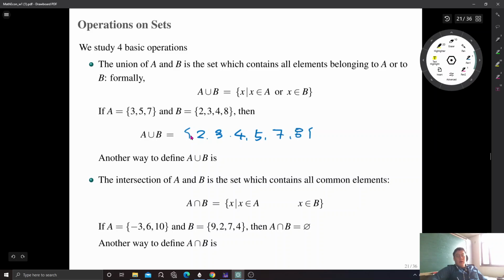The collection of every element in set A or set B. The elements 3, 5, 7 are right here, and the elements of B, 2, 3, 4, 8, are right here. So the union collects all elements in both sets. That is the union.